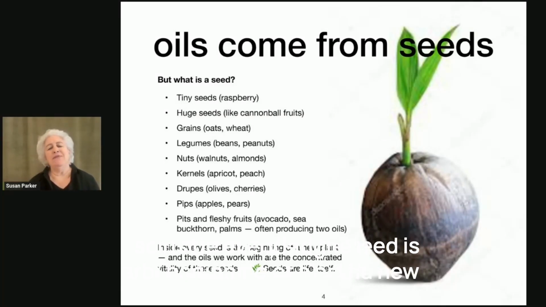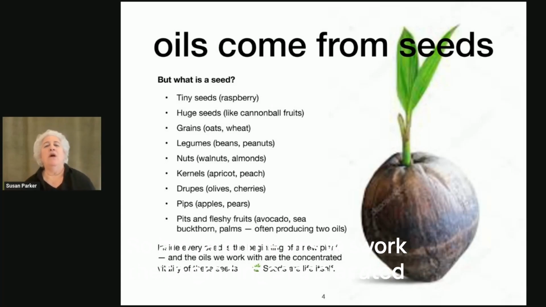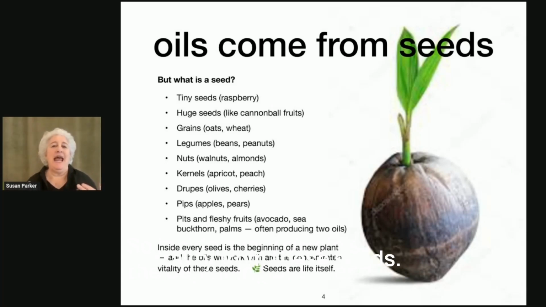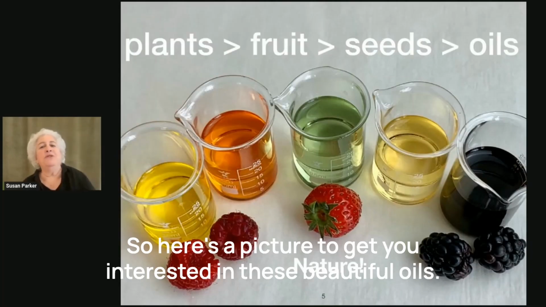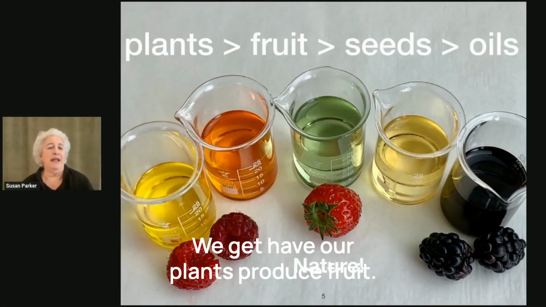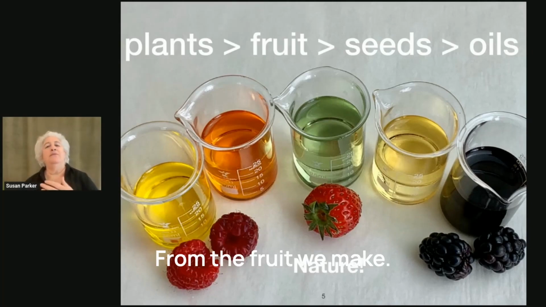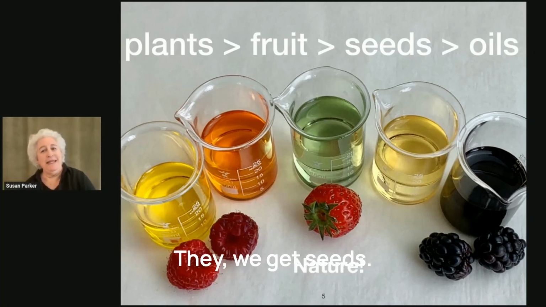So inside every single seed is the beginning of a brand new plant. And the oils we work with are the concentrated vitality from these seeds. So here's a picture to get you interested in these beautiful oils. We have our plants produce fruit. From the fruit we get seeds.